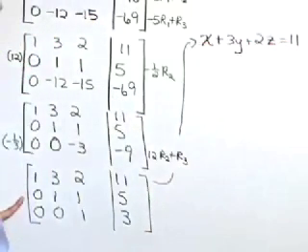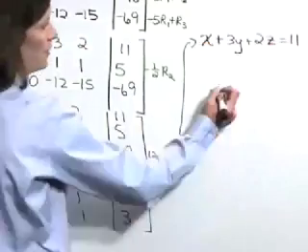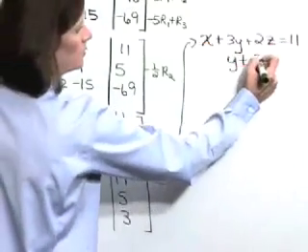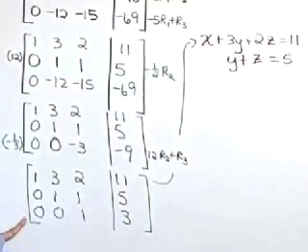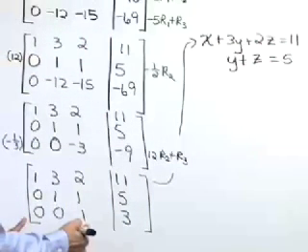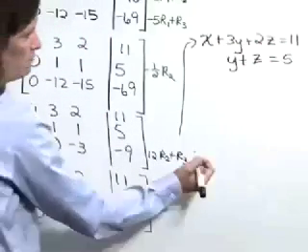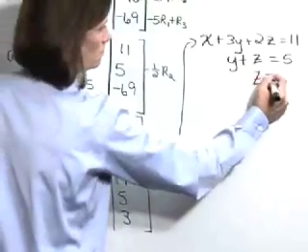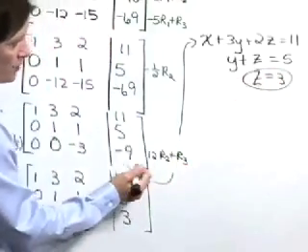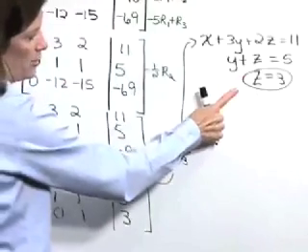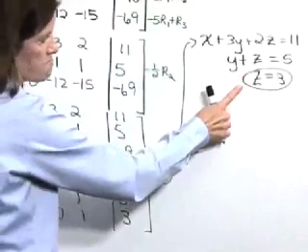Our next equation is y plus z equal 5. Our third equation, that's z is equal to 3. So from our row echelon form then, we have a system of equations where one of the variables is already solved for. We know z.